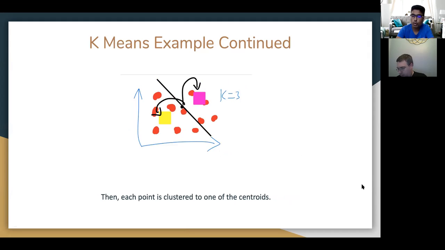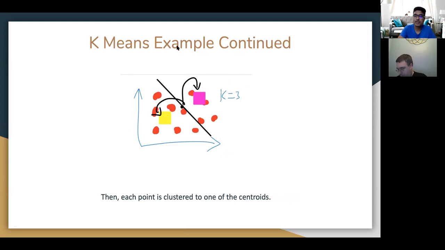Then each of our data points is going to be clustered according to one of the centroids. Essentially, we're trying to classify each point as either pink or yellow. We have a line drawn straight in the middle, and each point is going to be classified as either yellow or pink.